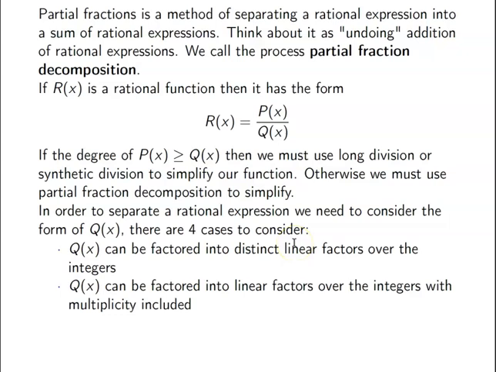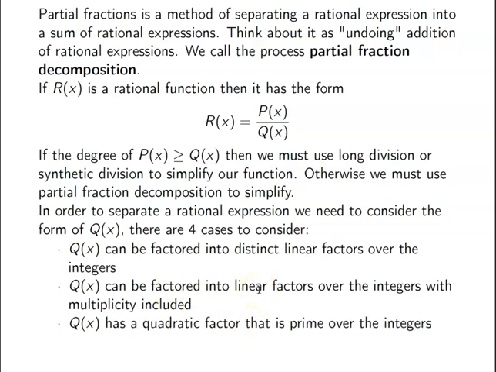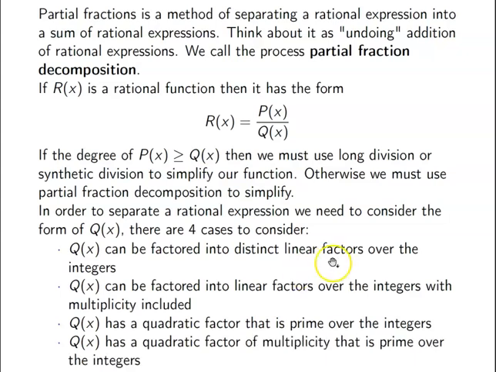Okay. Second case is that some of those linear binomial factors are the same, right? So maybe you have a couple of x plus 2 squares. If I have two of them, I would square it. If I had 10 of them, x plus 2 to the 10th would be a factor. So that's linear factors with multiplicity. The next case is that they're quadratic in nature, and that they're prime over the integers.